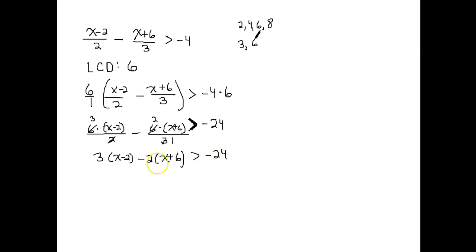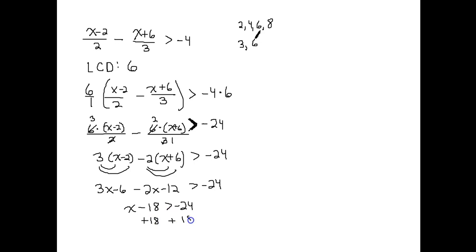All right, distribute my 3. I got 3x minus 6. Distribute my minus 2. I got minus 2x minus 12. 3x minus 2x is x. Minus 6 minus 12 is minus 18. Add 18 to both sides.